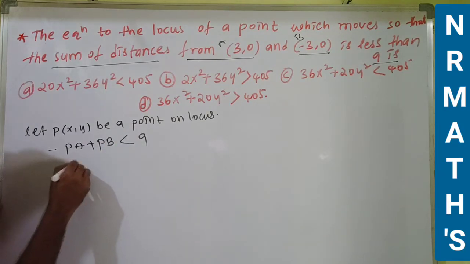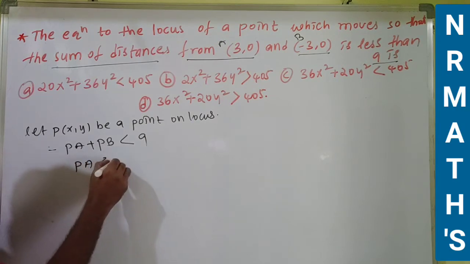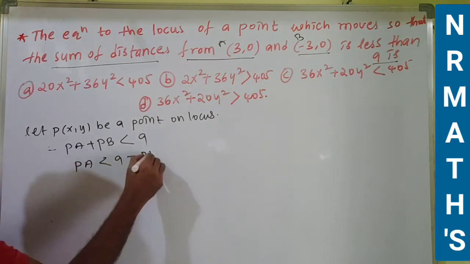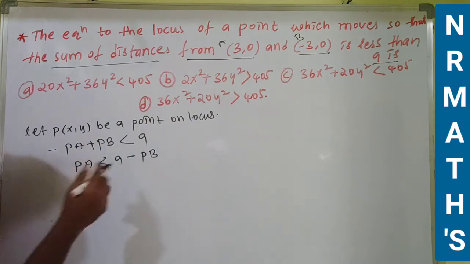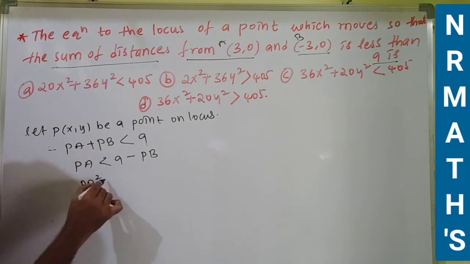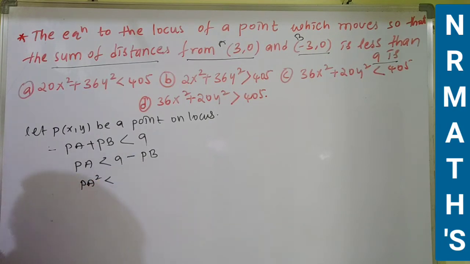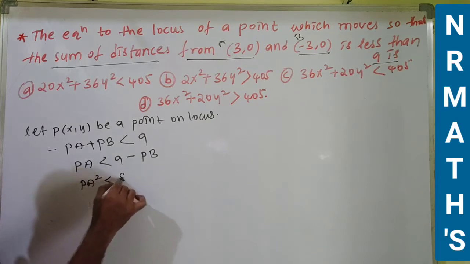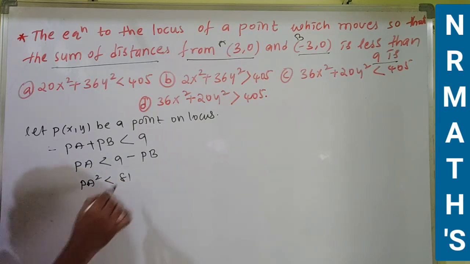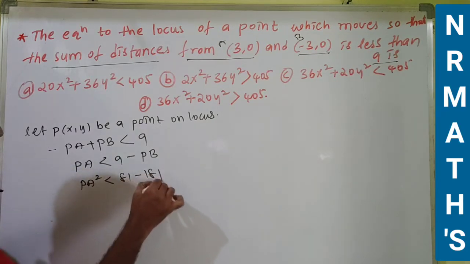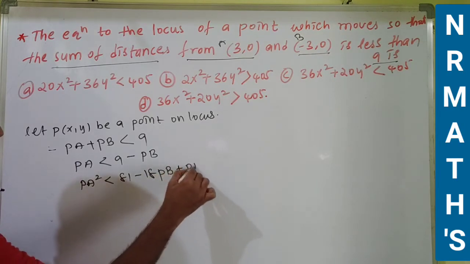PA is less than 9 minus PB. Taking both sides square, PA square is less than 9 minus PB whole square, that means 81 minus 18 into PB plus PB square.